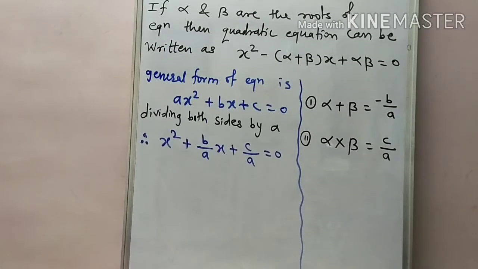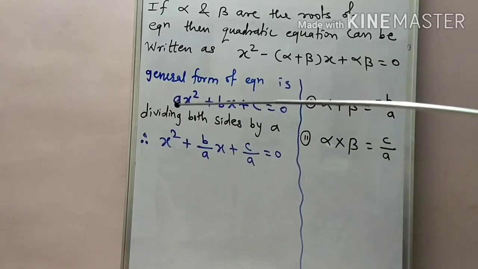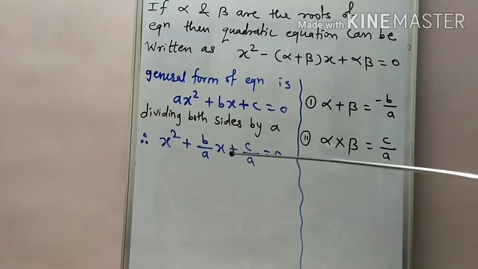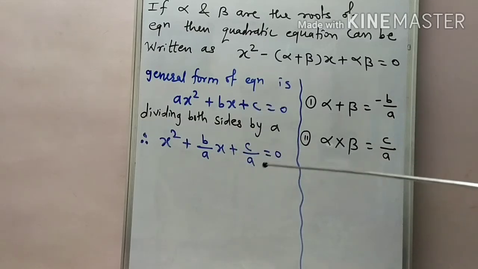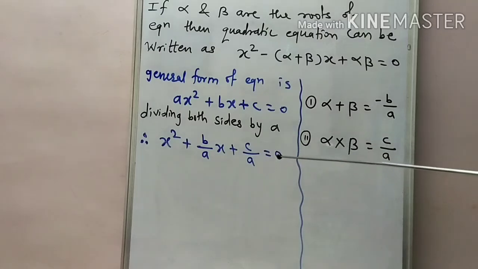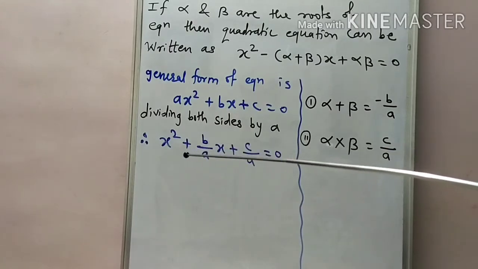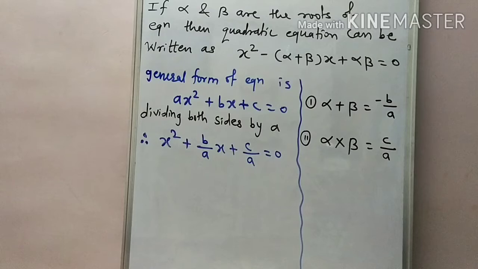As we divide both sides by a, a eliminates, and we get x square plus the middle term b upon a into x plus the last term c, also divided by a, c upon a, equal to 0 upon a, which is 0. Now the term minus b upon a we can replace as alpha plus beta, but here we get b upon a with a plus sign. So how do we change that plus into minus? Pay attention.